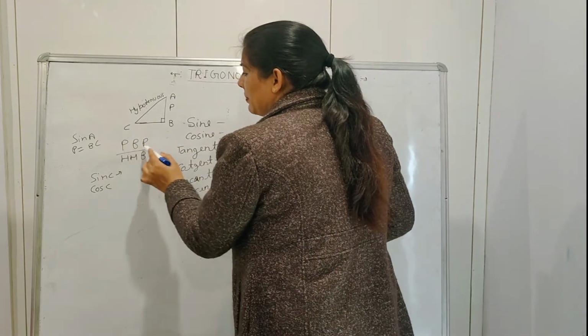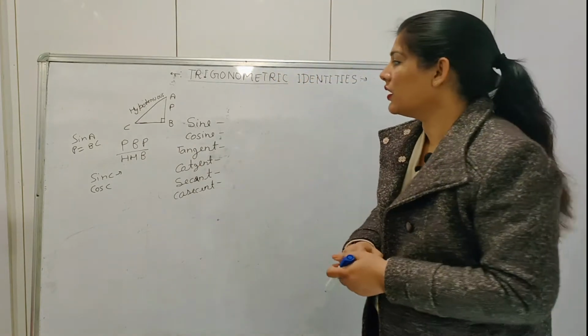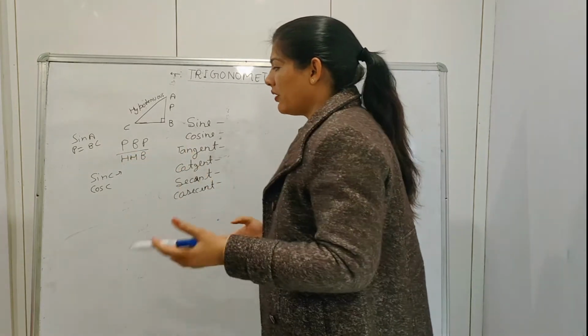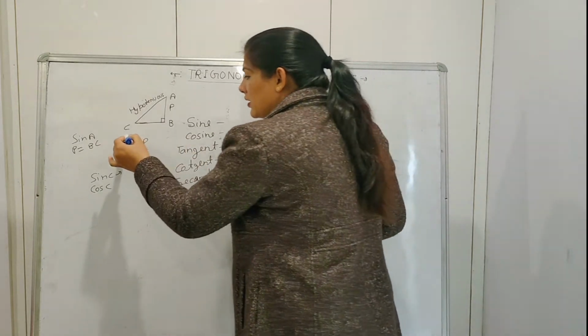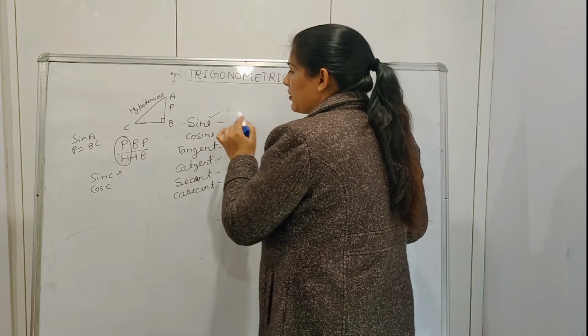So now look at this trick here. It is PBP upon HHB. You can make any sentence here, Pandit Badri Prasad Har Har Bole, or anything else, and this gives you the first trigonometric ratio.